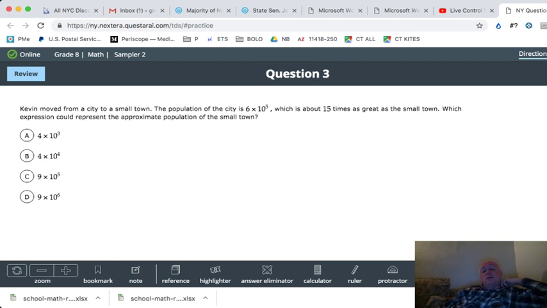We're told that originally the city, not the town, the city is 6 times 10 to the 5. And the town is about 15 times as great. So we had this example in the grade 8 sample 1, I think, where I went through a lot of permutations with how to decipher 10 to the whatever and so on.